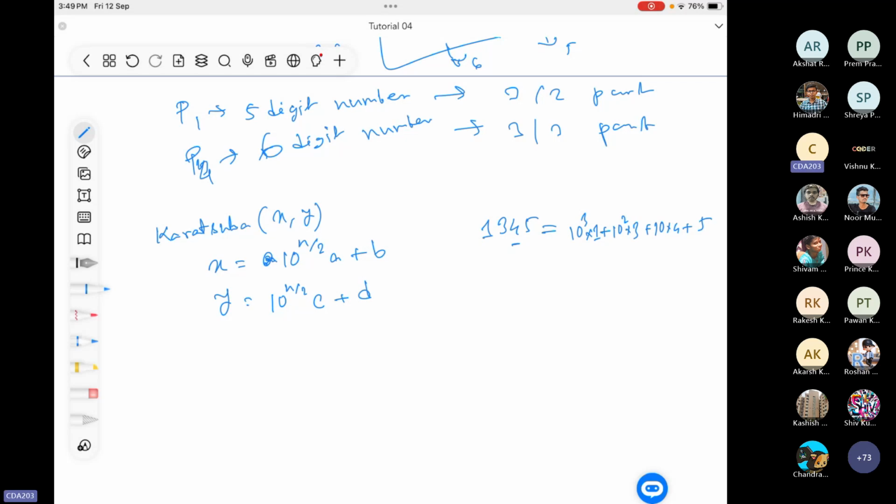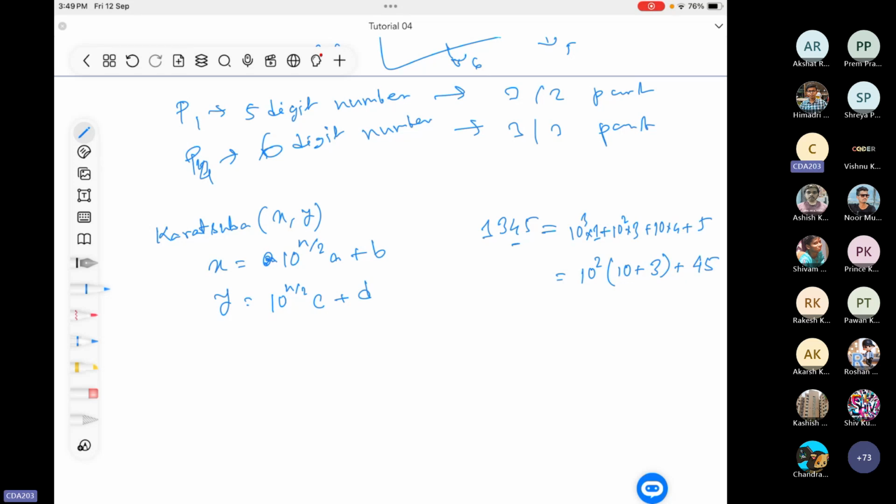Okay, fine. Now, can you write this one as 10 square, 10 plus 3, plus 45? Okay, we call it the expanded decimal form anyway.